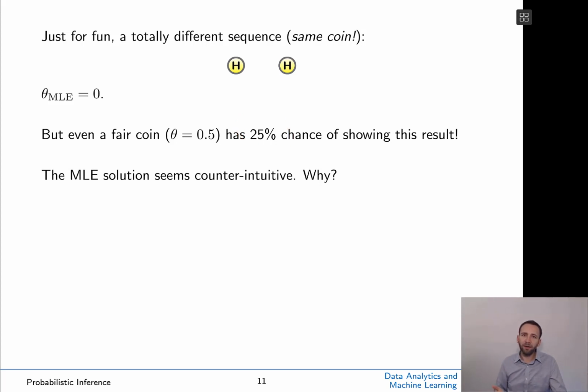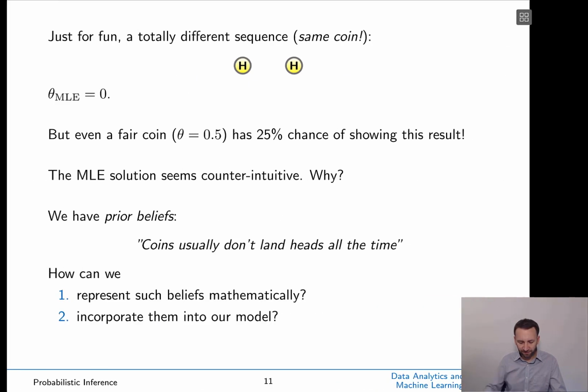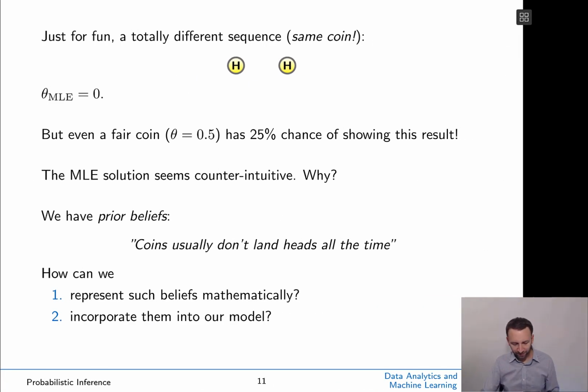So what is going on? It's that this maximum likelihood estimate again does not take into account our prior knowledge of how a coin should behave. We, for example, know that coins usually don't always fall on heads. This is quite unrealistic for a coin.